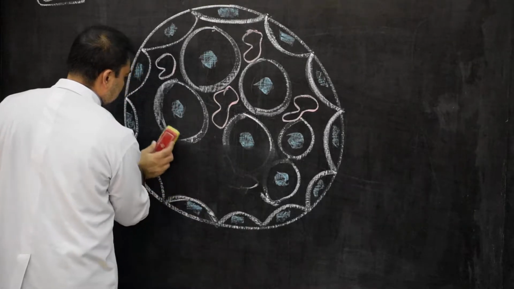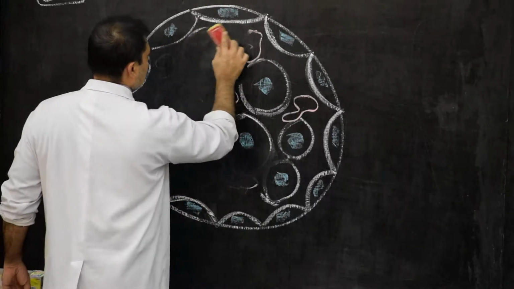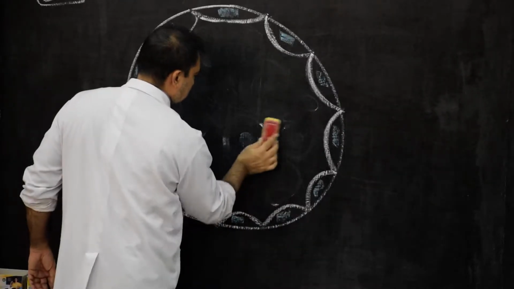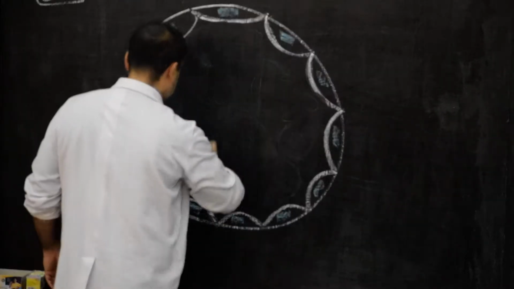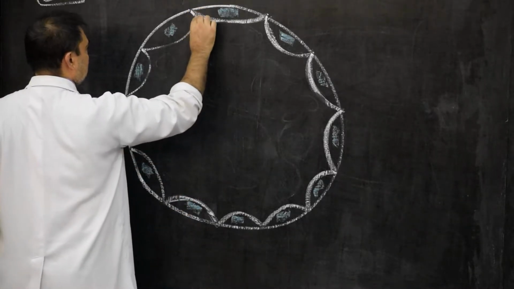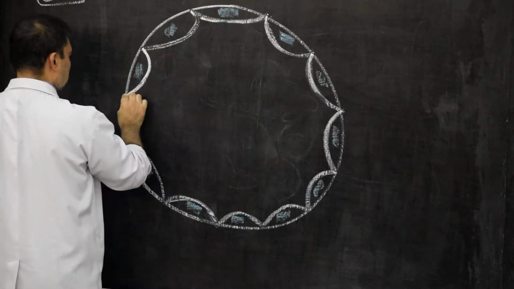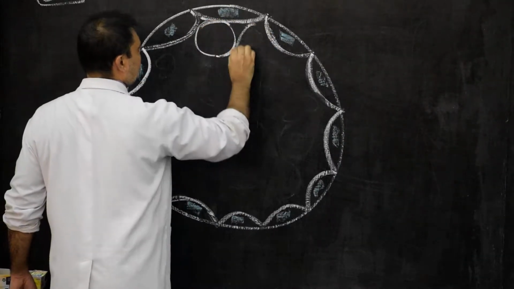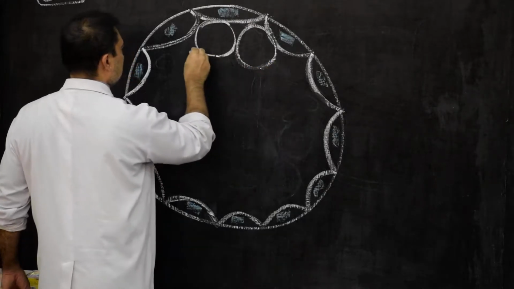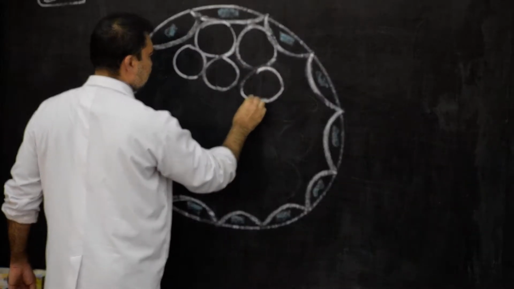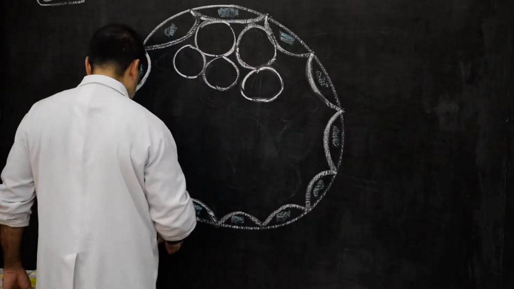Now in the next diagram, we will show how these spaces have coalesced or fused with each other. So now we will draw, if we complete these boundaries, the inner cell mass. So this is the inner cell mass.